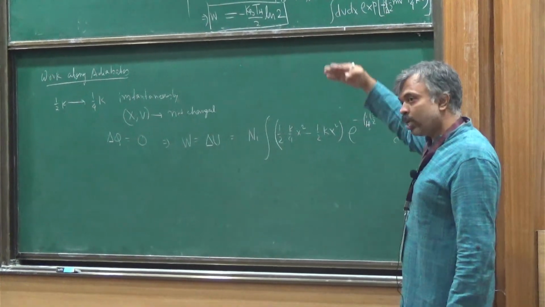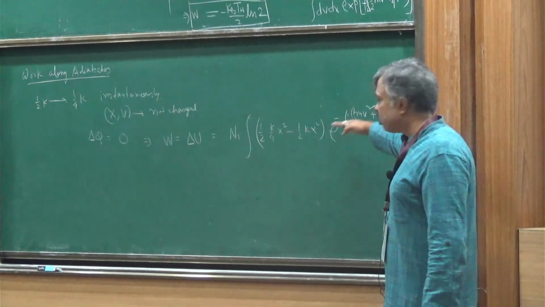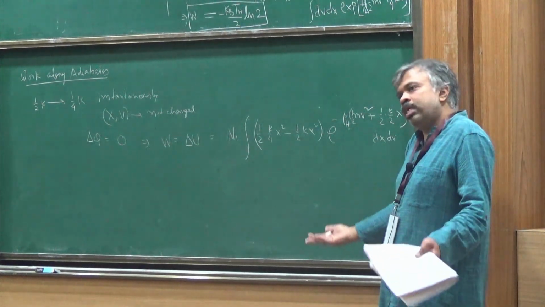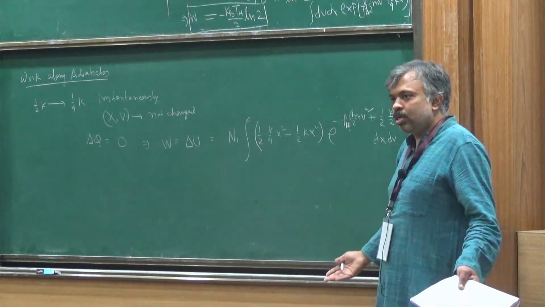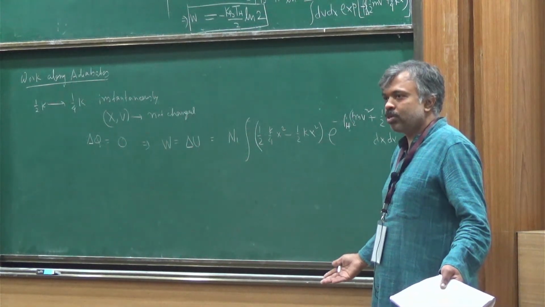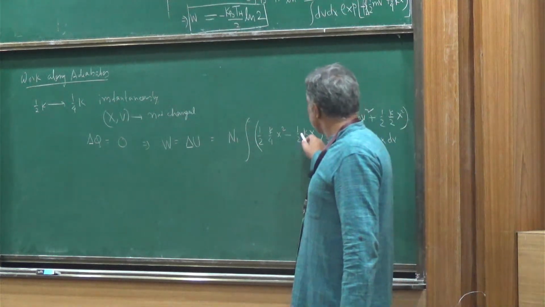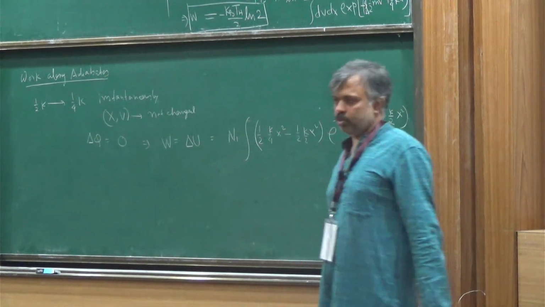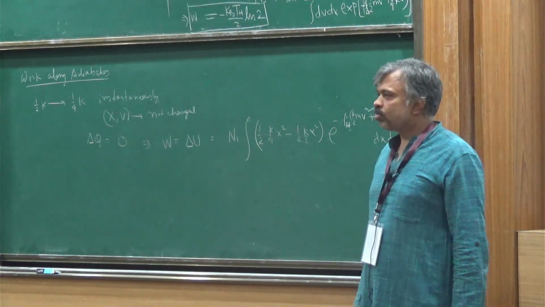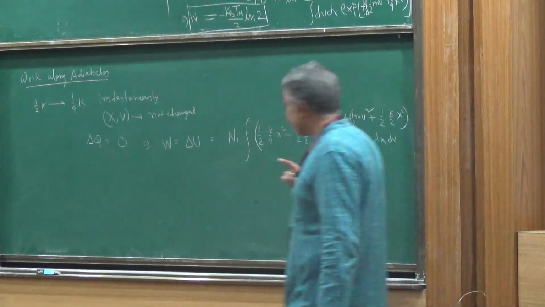The k by 2 to k by 4 is instantaneous. The distribution doesn't realize that this k by 2 becomes k by 4. Yes, exactly. Can you write it here and you can make out one there in the bracket in the exponent?